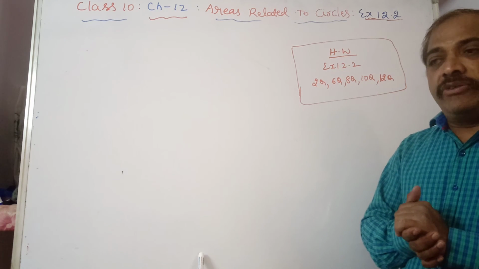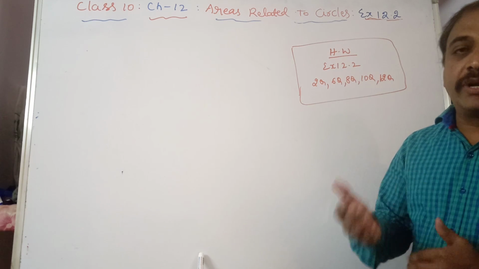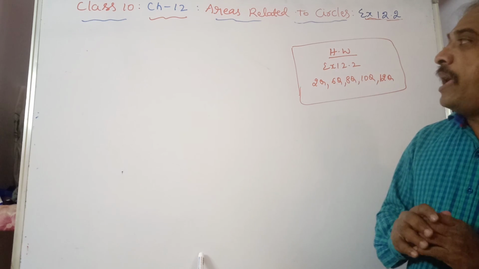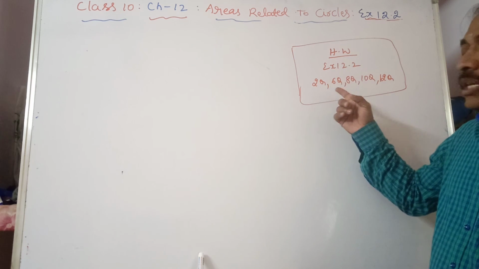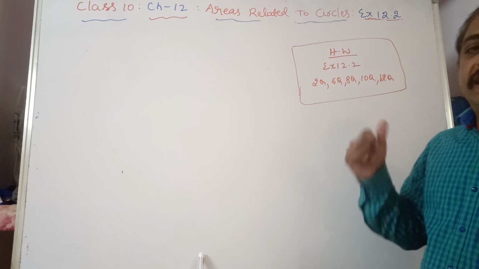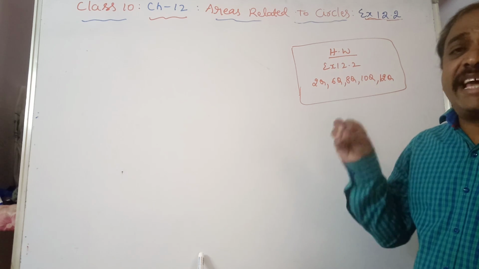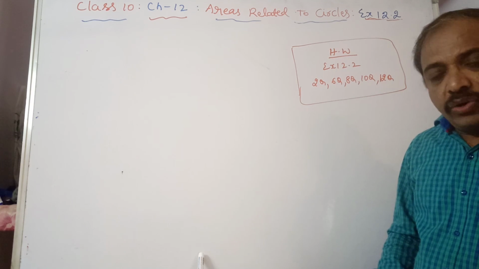And in the next session we will be discussing some other topics, leftover questions from the same exercise. And here we have some homework questions, exercise 12.2, question number 2, 6, 8, 10 and 12. You have to complete these questions by using the same concept of area of sector, segment, whichever is given in the question.